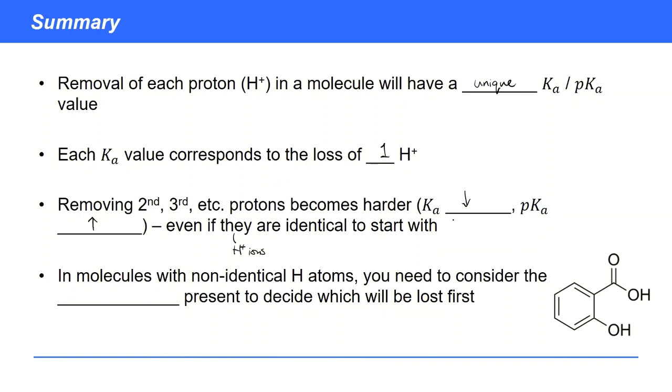And the reason for that is that it's harder to remove an H+ from an increasingly positive species.